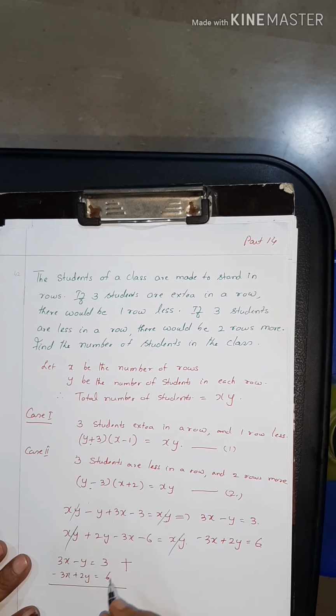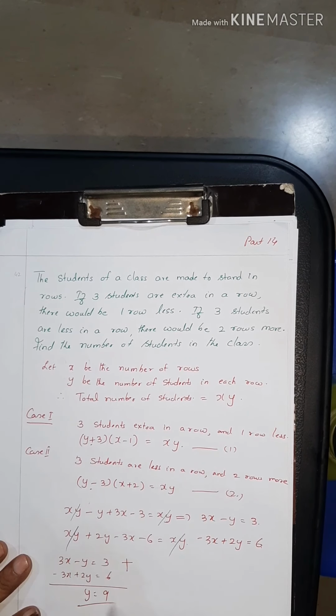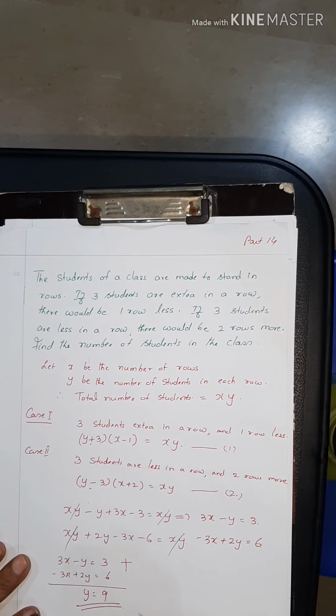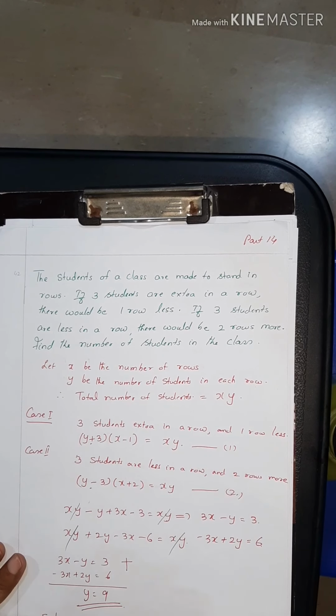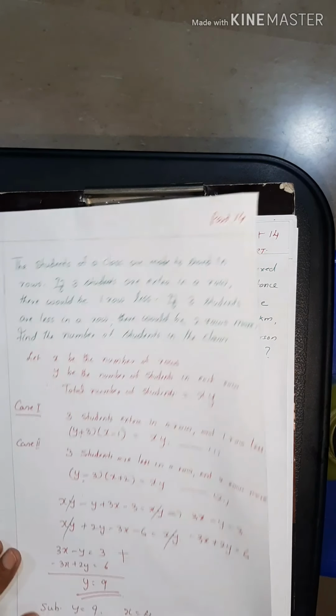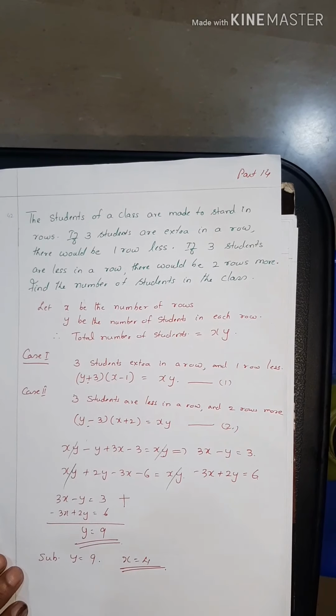adding, y is equal to 9. Now substituting y equal to 9, you get 3x is equal to 12 and x is equal to 12 by 3, x is equal to 4. So x is the number of rows.